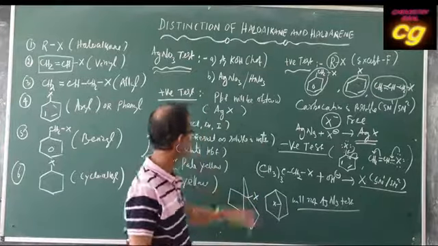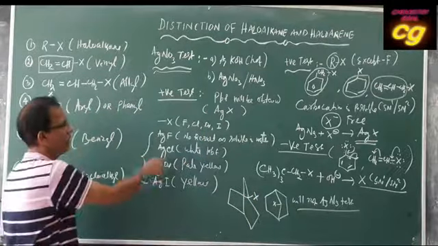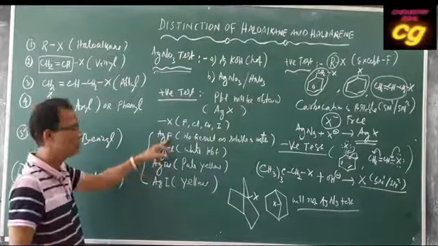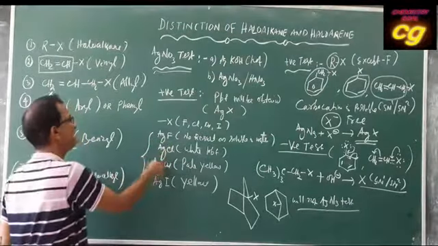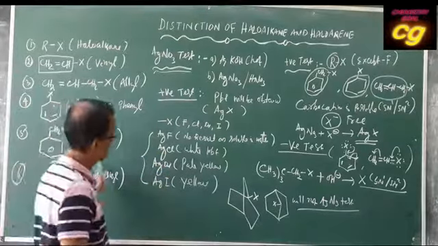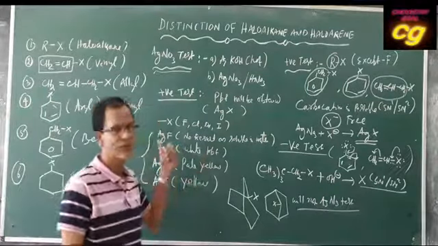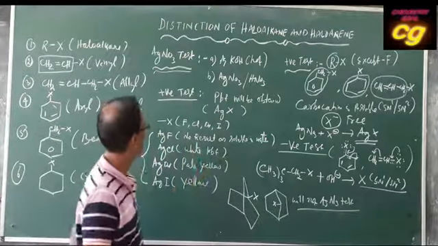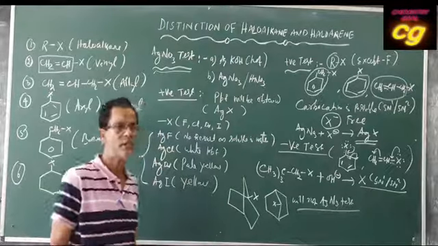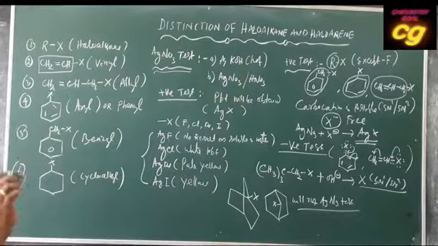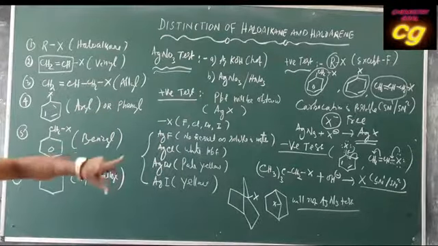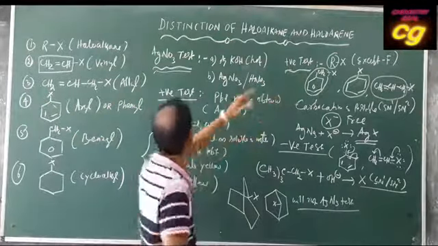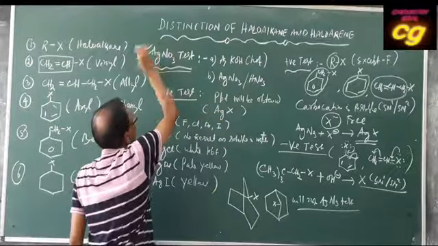As I have already told you, if a fluoro compound is there, no result will be obtained, because silver fluoride is water soluble and ionic in character, but if AgCl, AgBr, AgI is there, then you can identify the presence of the haloalkane, which haloalkane will give the silver nitrate test or not. So this is a very important distinction between haloalkanes, or between haloalkane and haloarene. The only common test is the silver nitrate test.